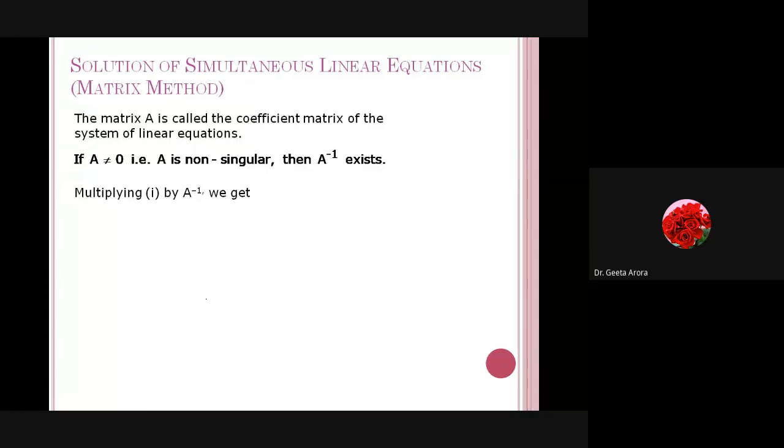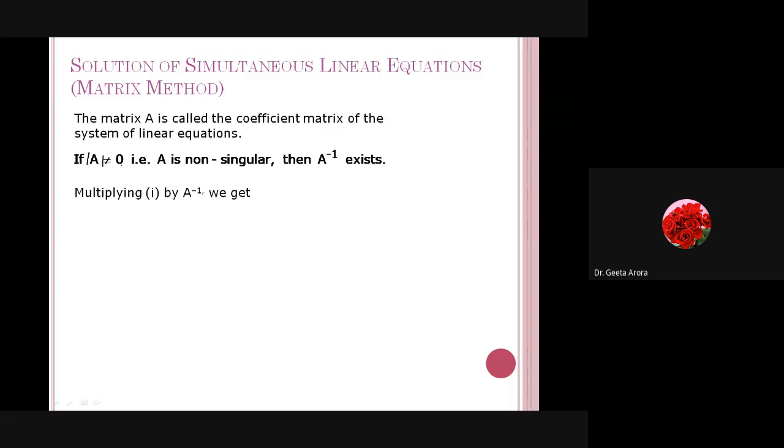So how are we going to find the solution? The first thing is that if determinant of A is not equal to 0, then A is non-singular, and only then does A inverse exist. Obviously we need A inverse to find the solution. We know A inverse will exist when the matrix is non-singular, because here it should be determinant of A not equal to 0.